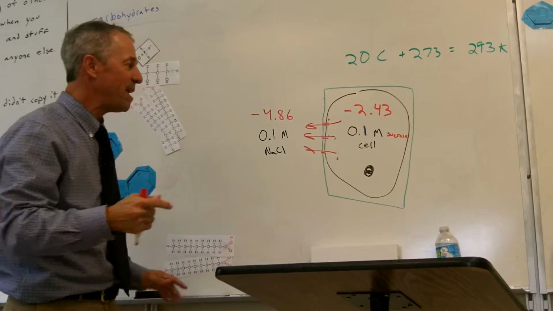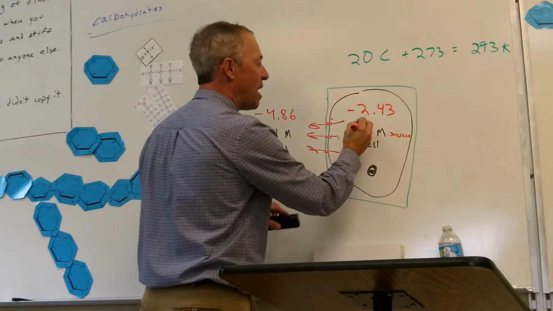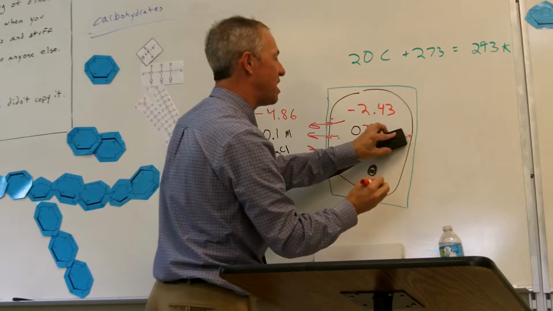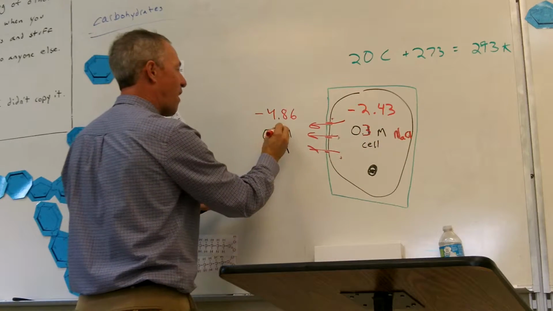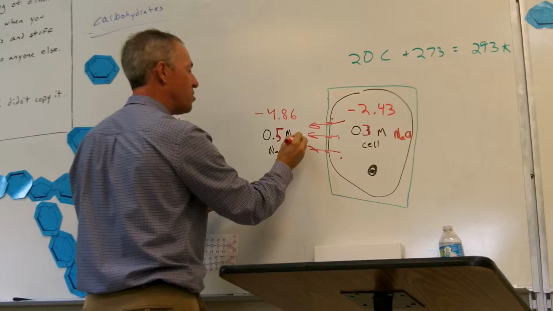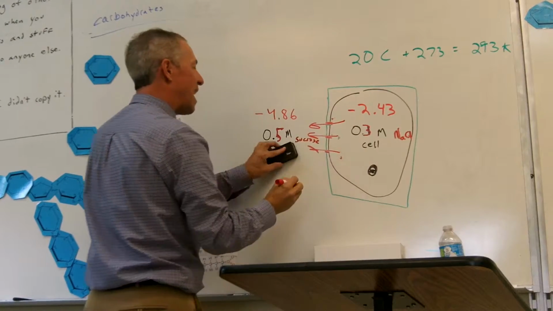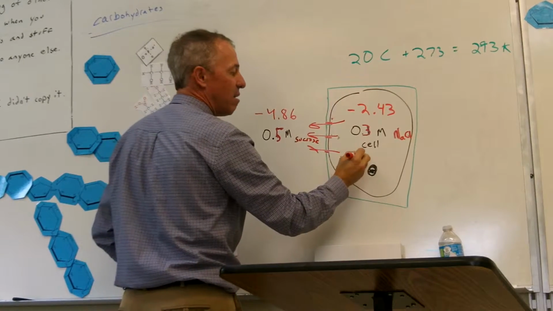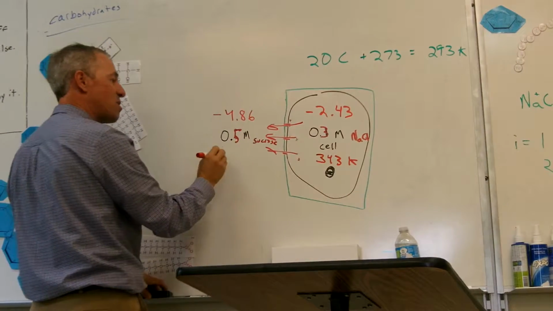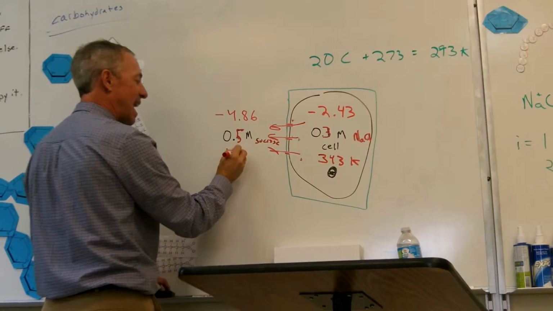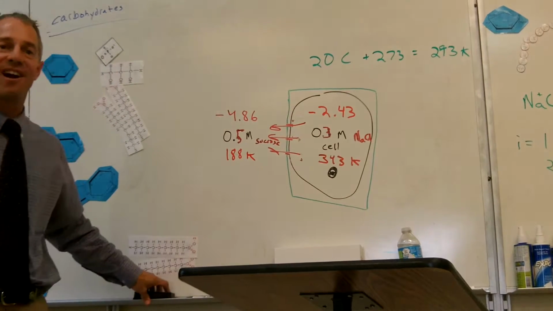If I said this was 0.3 molar NaCl, and this was 0.5 molar sucrose, and this was at 343 K, and this was at 188 K, which way would water go?